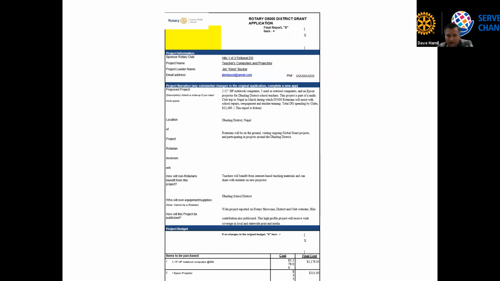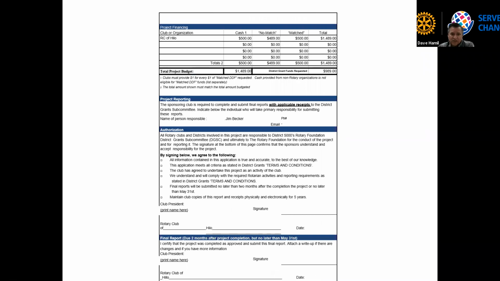See at the bottom on the right-hand side there, sorry, the spreadsheet got a little squished, but that's where you would put in your final numbers. It also doesn't look like it's showing the final box checked, but believe me, it's on the form. And that's it. And then the club president would sign off on the final report as well.